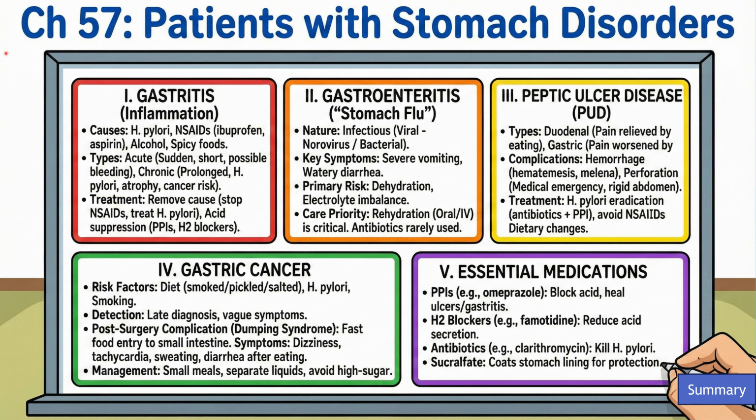So we have gastritis. The types are acute gastritis, sudden inflammation caused by infection, medications like NSAIDs, alcohol, or stress. Chronic gastritis is ongoing inflammation, often due to autoimmune mechanisms or persistent H. pylori infection.